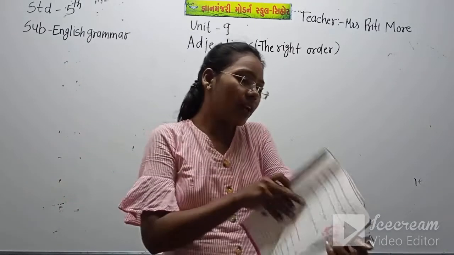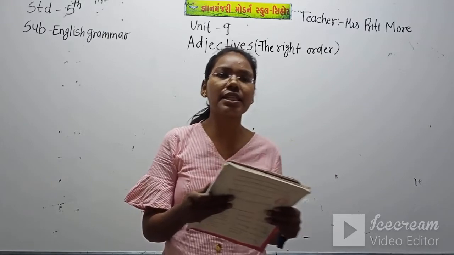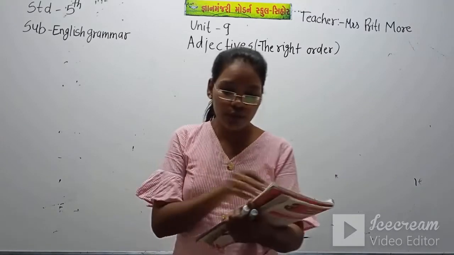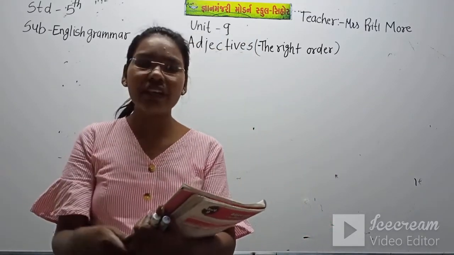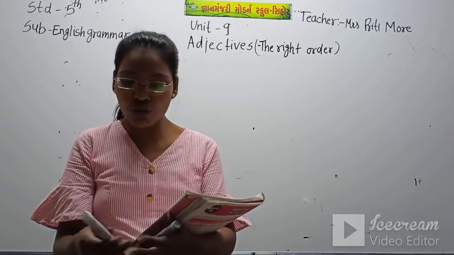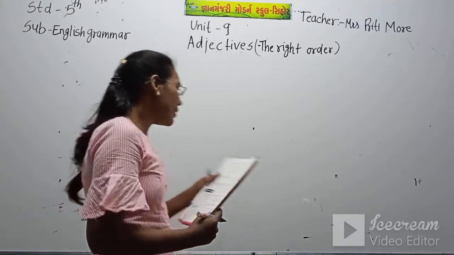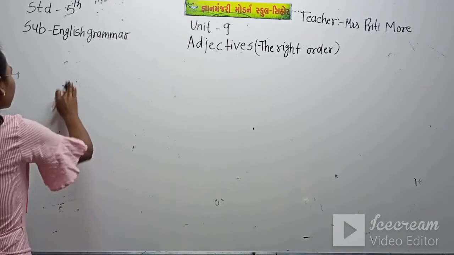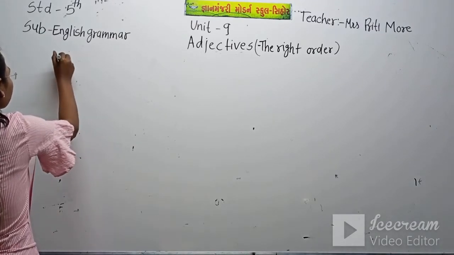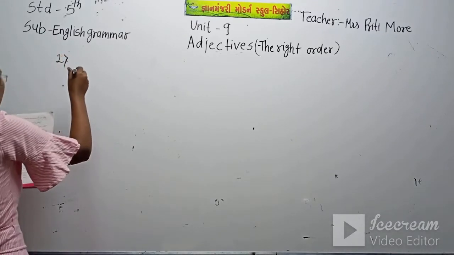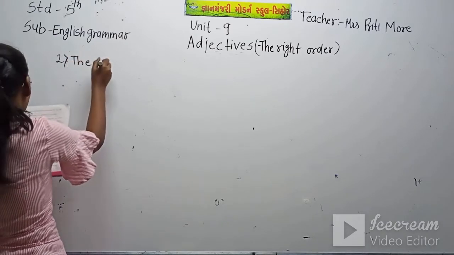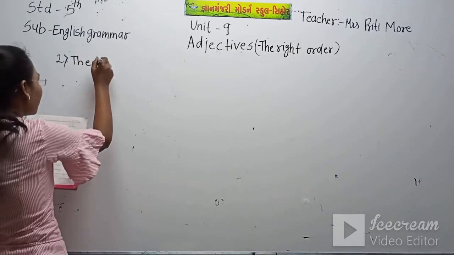At last, what do we put? At last, after the adjectives we write the noun. So before the noun we have to write all the adjectives. So the second one I am writing. You also write with me.